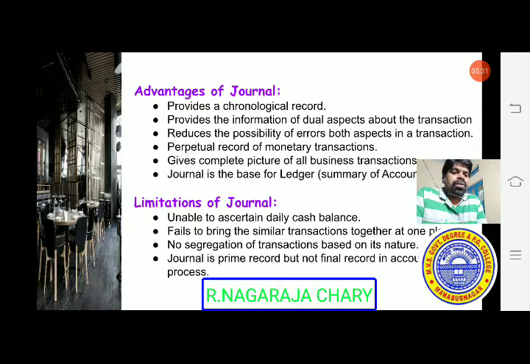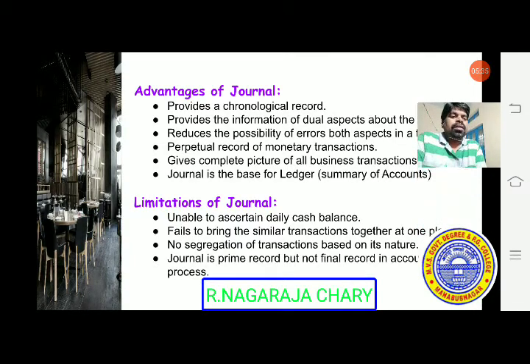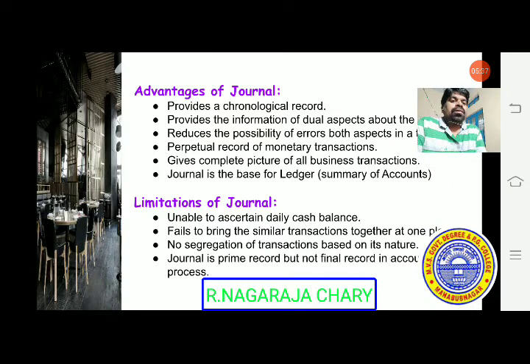Next one, gives complete picture of all business transactions. Yes. So in a business we have various types of transactions. All the types of transactions are recorded in a journal. So that's why the journal gives us a complete picture of business transactions.